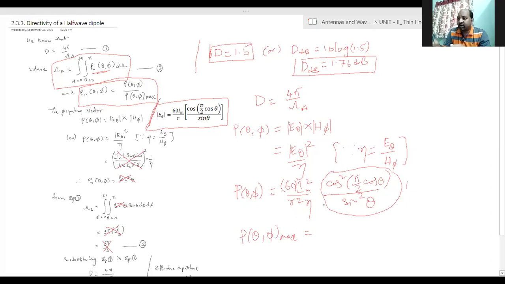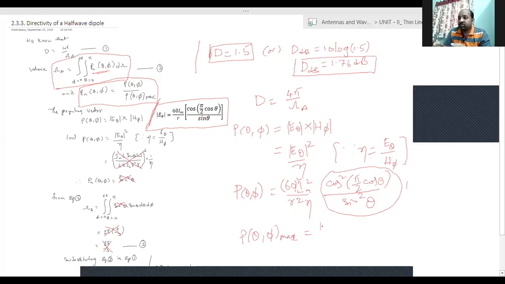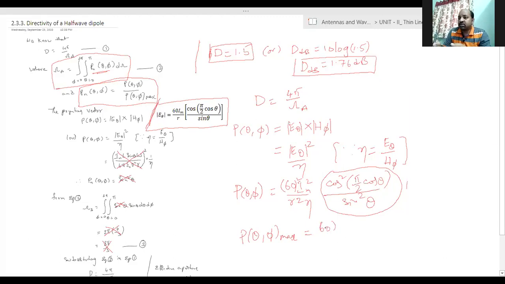So the maximum value of this term is 1, and we are left with 60 square, that is 3600 Im square divided by r square eta. So this is the maximum value.